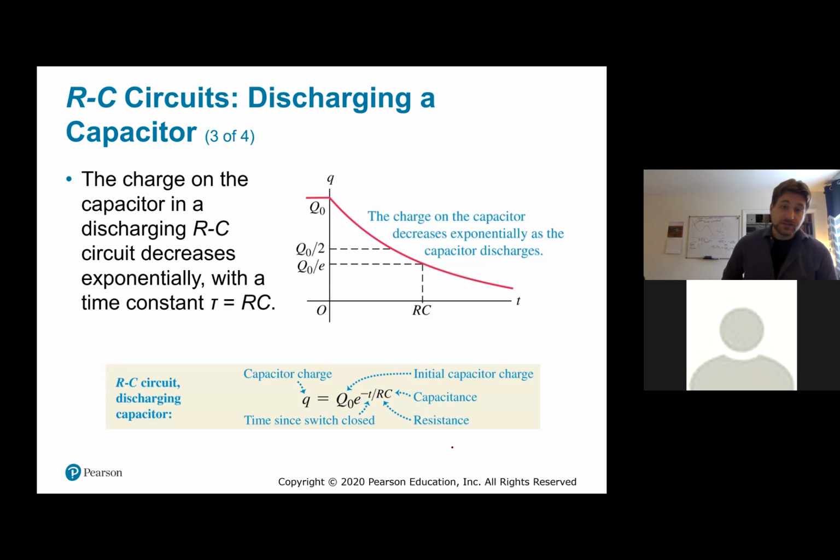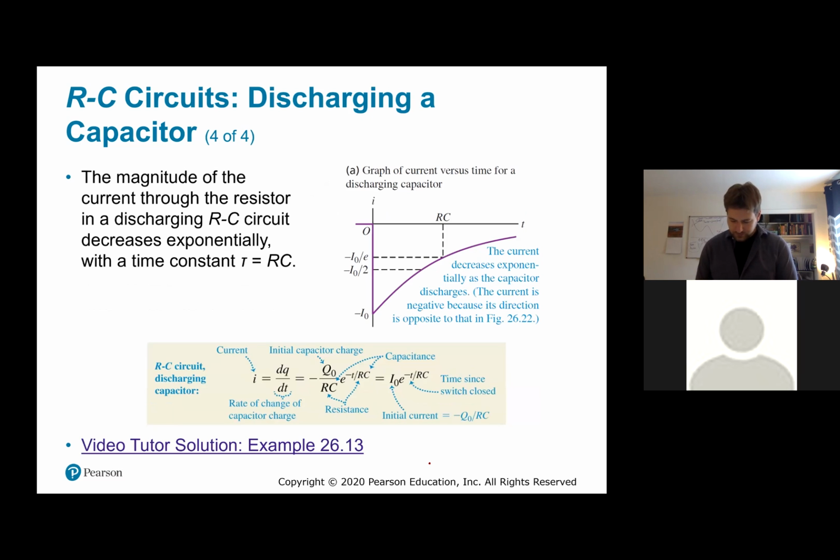We get an exponential decrease, which makes sense, I think. It was an exponential increase. And if we take the derivative, we end up with this expression, which I think makes a good deal more sense.